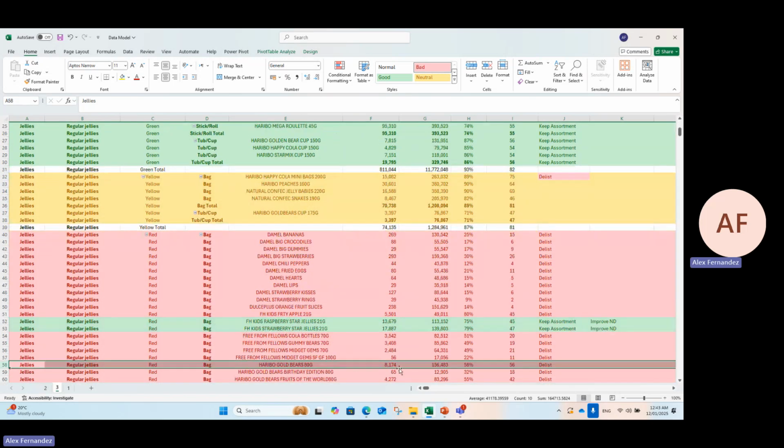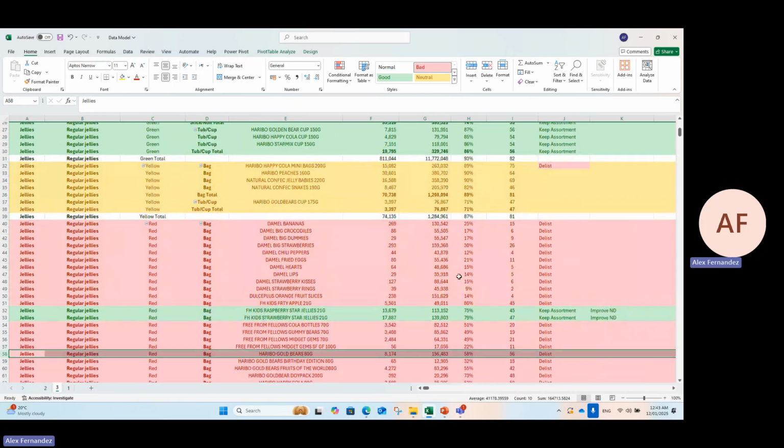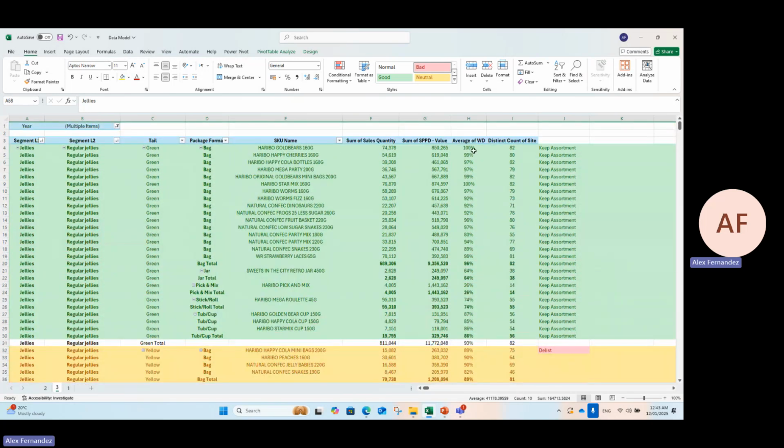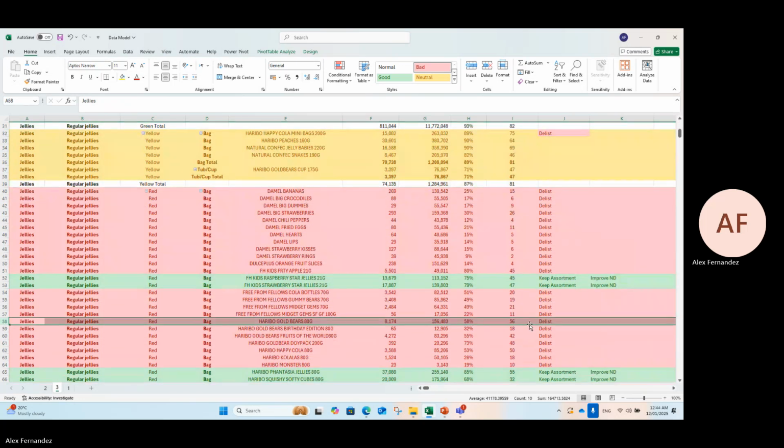Why is the 80 gram not doing good? It doesn't have the proper distribution, 58 versus 100. So this also should be kept.